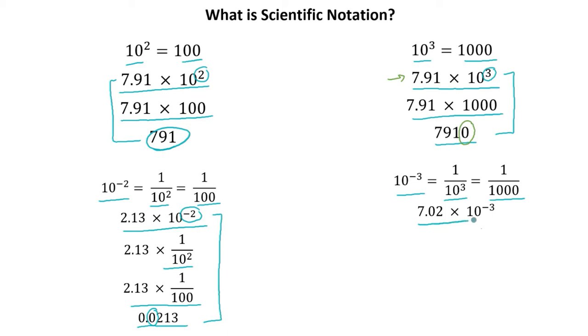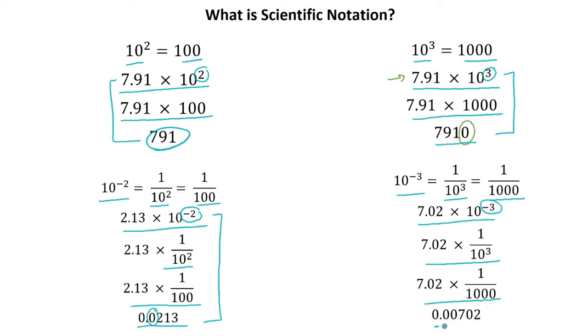So if I were to take this number raised to the negative 3, it's the same as multiplying by 1 over 10 cubed, or the same as dividing by 1,000, which gives me 0.00702. Again, these numbers are equal, but we have added in some leading zeros which are not significant.